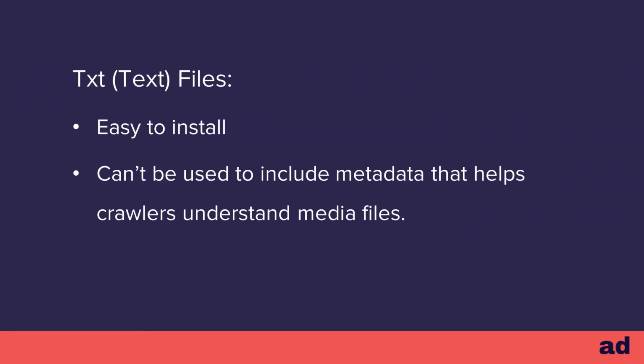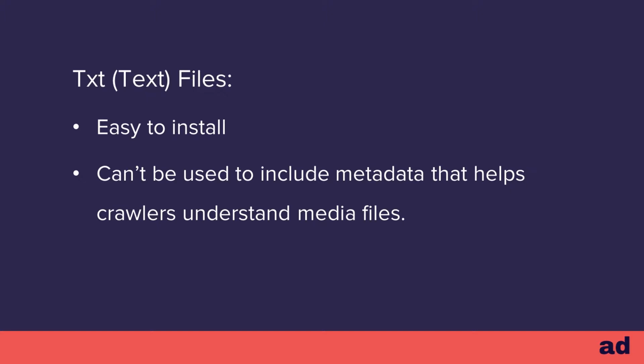The third and final format I'll cover are TXT, or text files. The great thing about these is that they are so easy to install, as they are simply single lines of URLs that you want the search engine to crawl, all the way up to 50,000 lines.